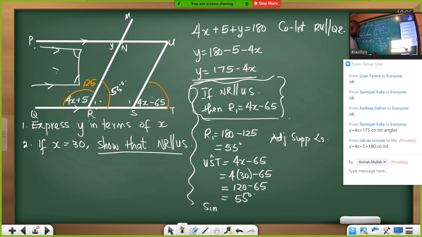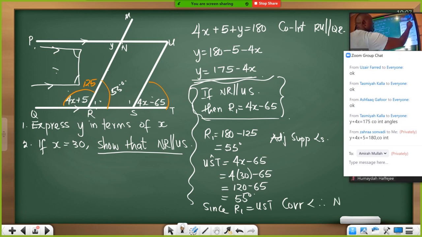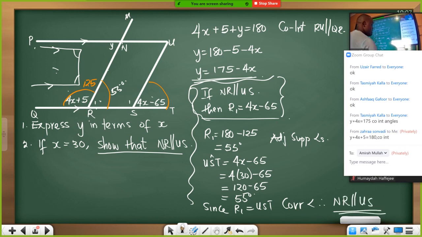Good. So since R1 equals UST, which is what? Corresponding angles. Therefore, we can conclude that NR is parallel to US. Are we okay here with this question? Are we okay? Please let me know.